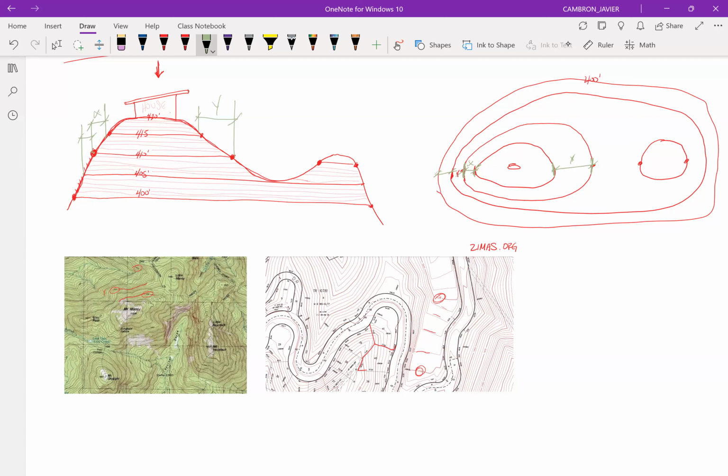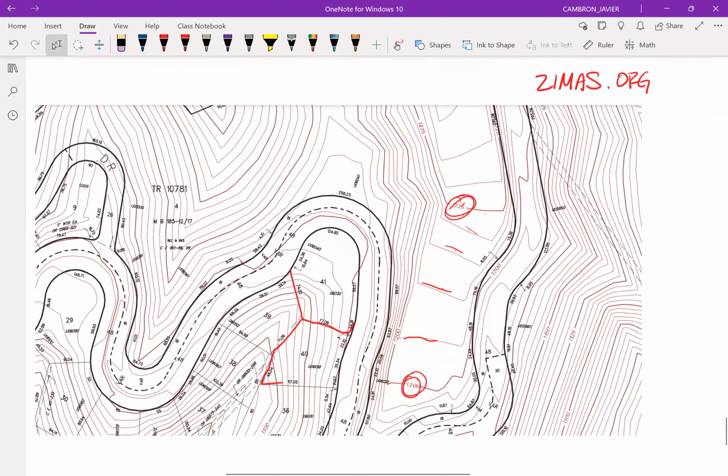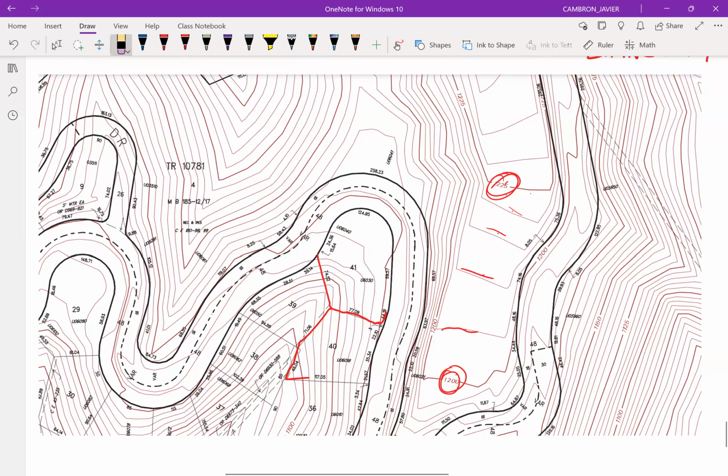Okay. And the point that I'm trying to drive across is that the closer the lines are to one another, that means the steeper the topography is. When the lines are farther apart, then that means the flatter the land is. So when I look at, let's say, some map like this here, let me go ahead and erase these lines.